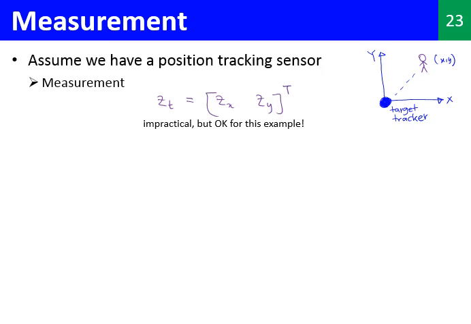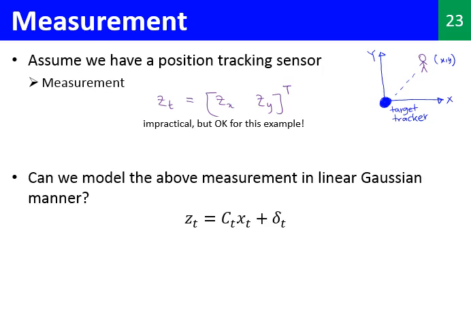Okay, now our task is to model this measurement in a linear Gaussian manner, as in this equation. Can you try to do that now? Okay, so on the left hand side we have z_x, z_y, then we need a C matrix, and our state was x_t, y_t, x_t dot, y_t dot. Okay, and there is some noise in the measurement as well.